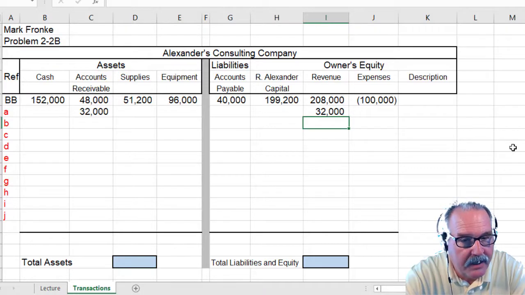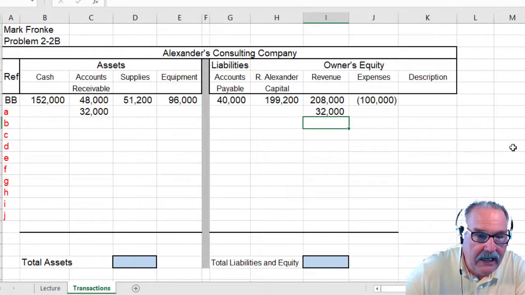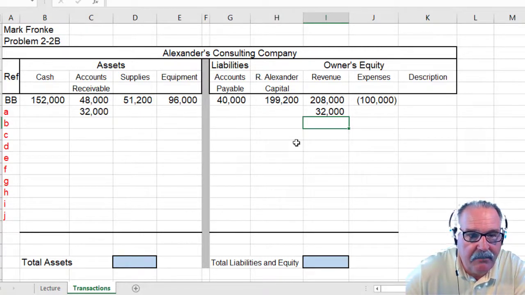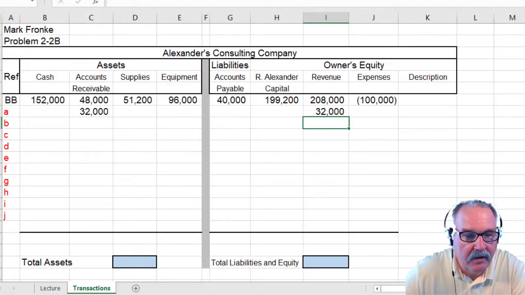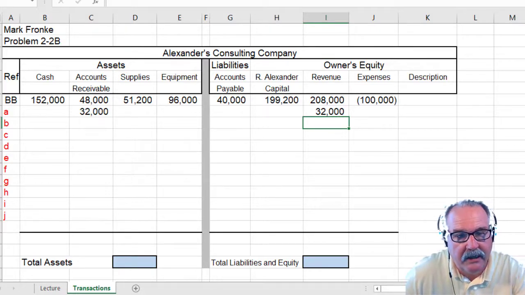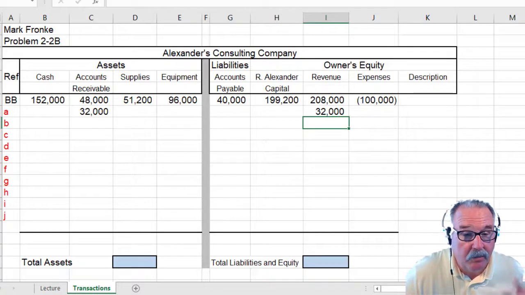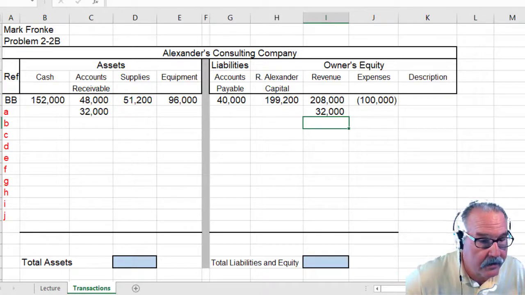So we're on opposite sides of the equal sign. This gray bar in the middle is where the equal sign is. So we have to keep these things balanced. And so we're adding $32,000 on the left side under the category of accounts receivable, and we're adding $32,000 on the right side under the category of revenue because we performed services.